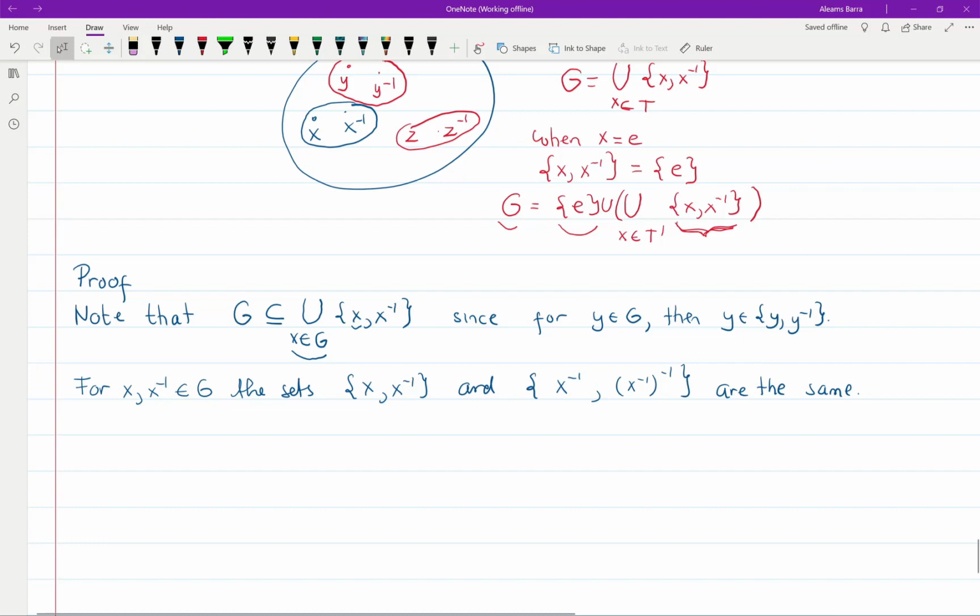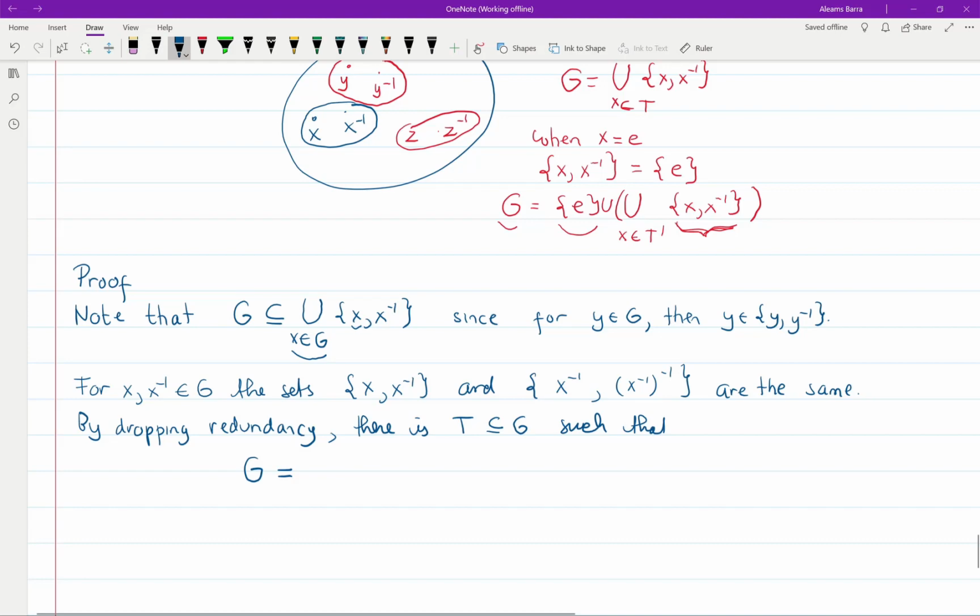So by dropping redundancy, there is T, a subset of G, such that G is contained in this union, but each of these sets is also contained in G, so saying that G is contained in the union implies that G is exactly equal to that union.